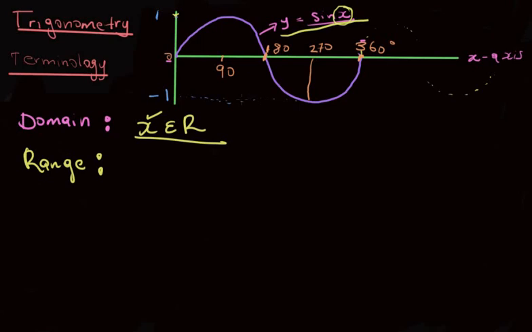So 1 is the maximum value and -1 is the minimum value for this function. This graph cannot go here. It is undefined here because its turning point is right here. We can't have any number below -1, and we can't have any number above 1, and this is the y-axis.